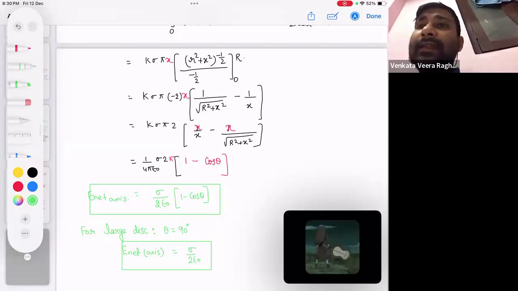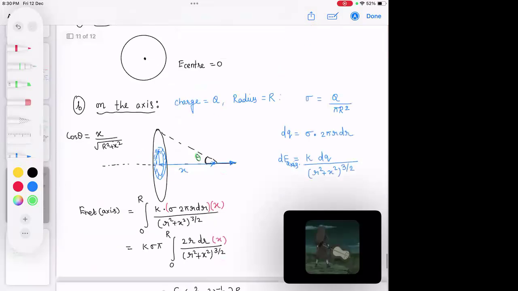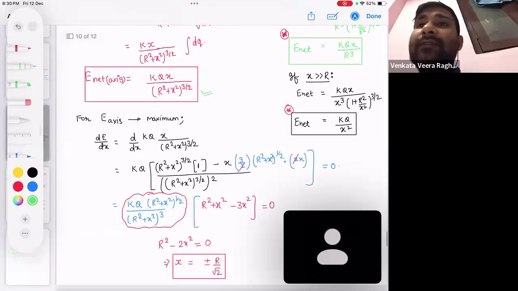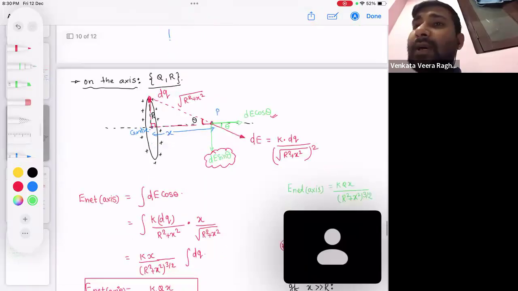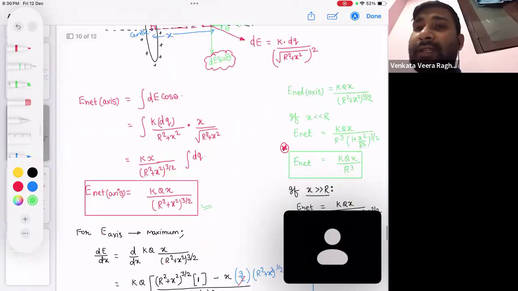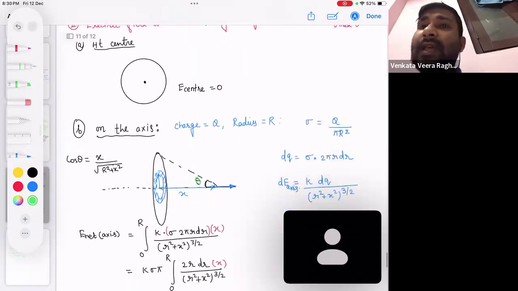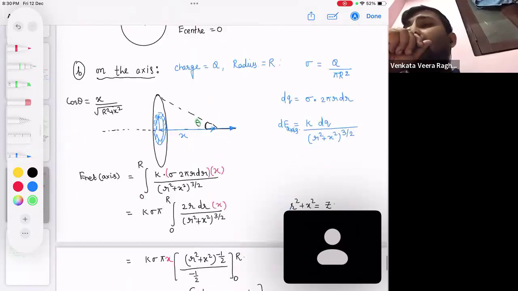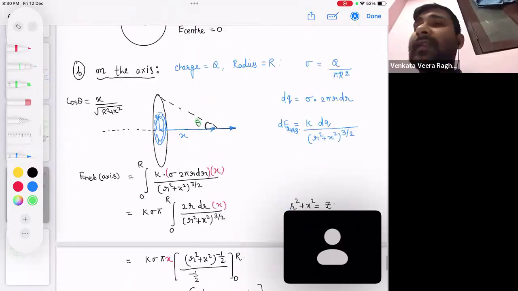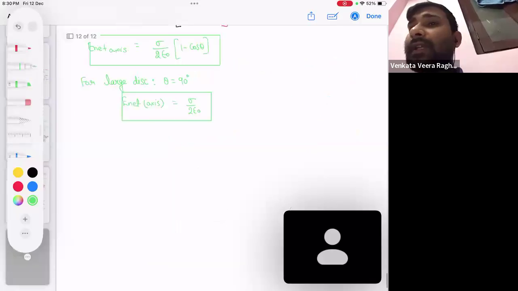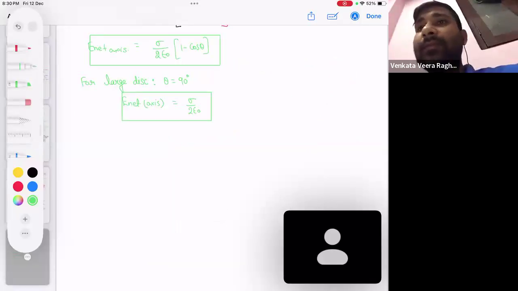Clear? So that was the second thing. First thing we have done: field on the axis of a ring. Second thing: field on the axis of a disk. So sigma by 2 epsilon naught into 1 minus cos theta, we can use it.